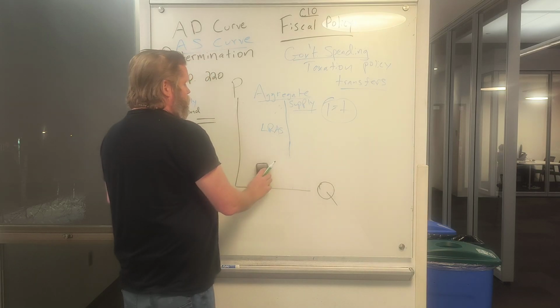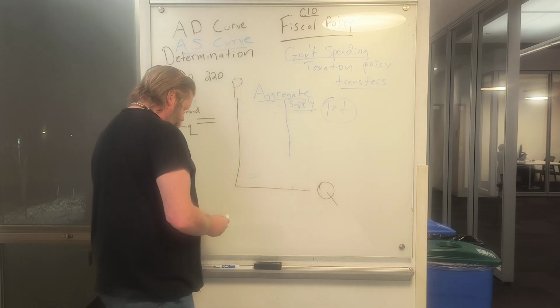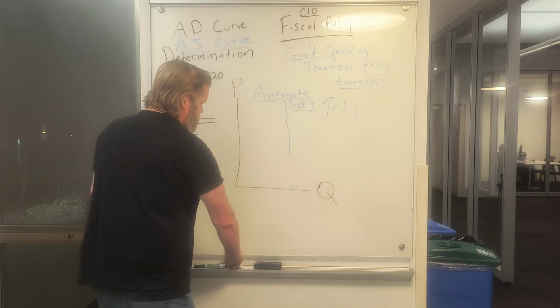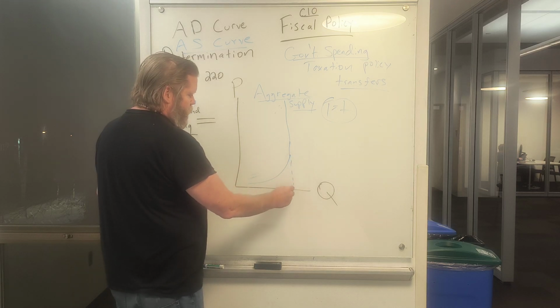So this is our aggregate supply curve, and it is going to look like this. Now here's the thing I want you to be aware of.